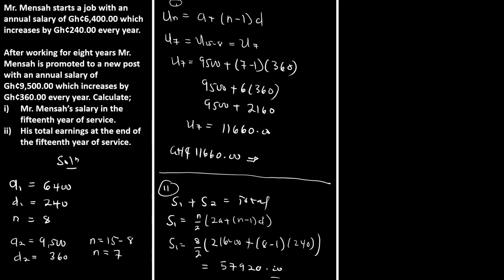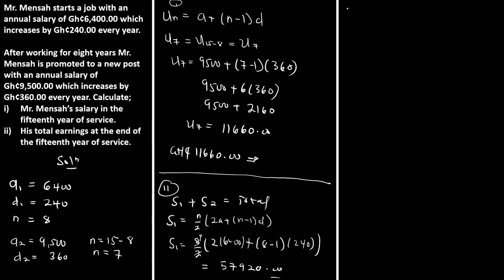So this is the first period. Also breaking down, this 2 cancels this, those will be 4 times this. When you expand the whole of this, you're supposed to get 57920.00. Okay, so this is the first amount he had during the first 8 years.